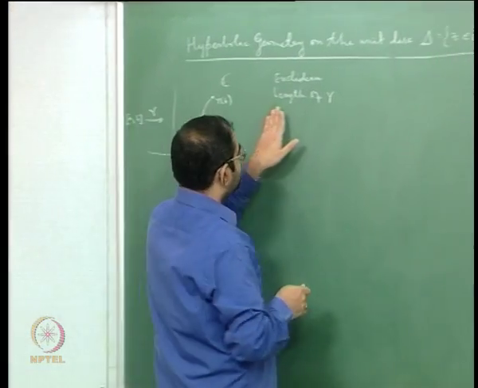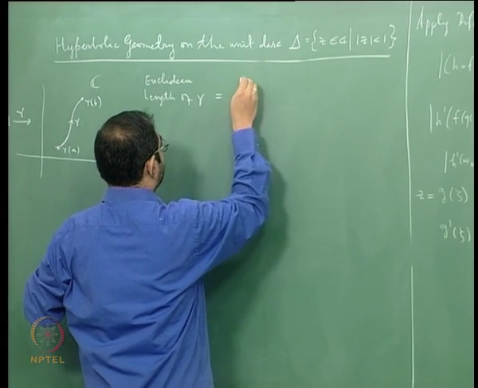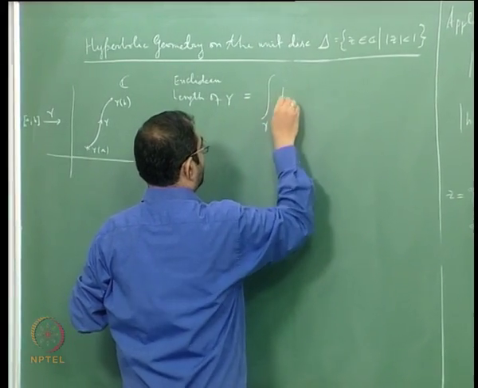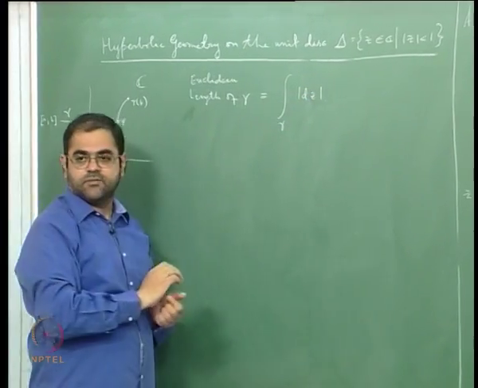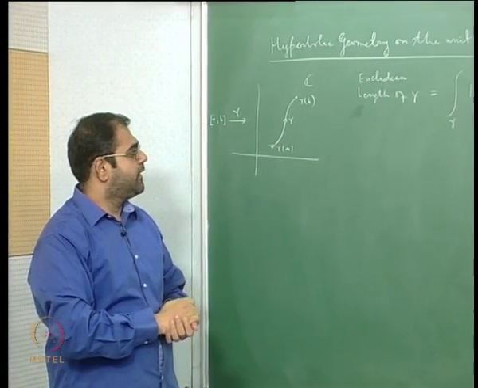You know what the formula for the Euclidean length of gamma is? All you have to do is integrate mod dz over gamma. This will give you the length of gamma, alright. And what is that integral?